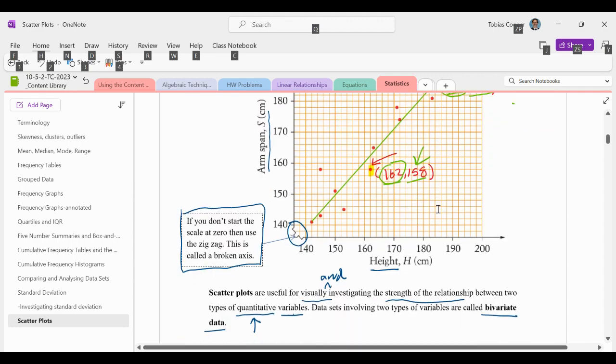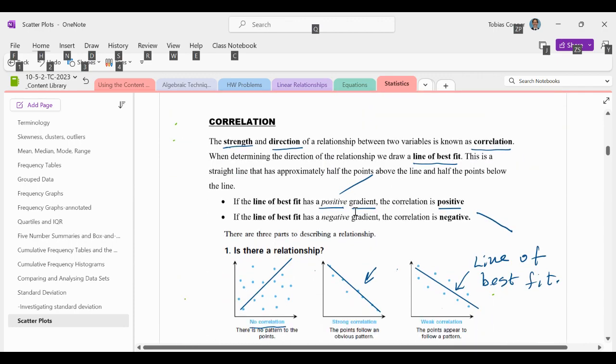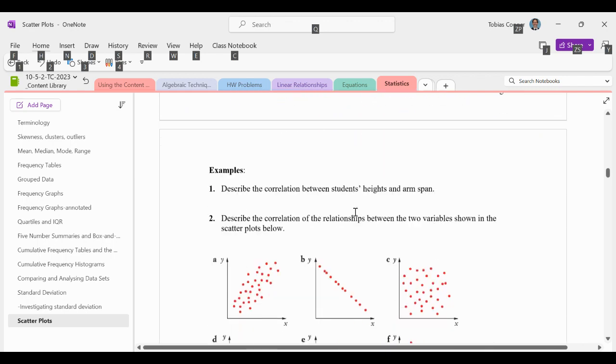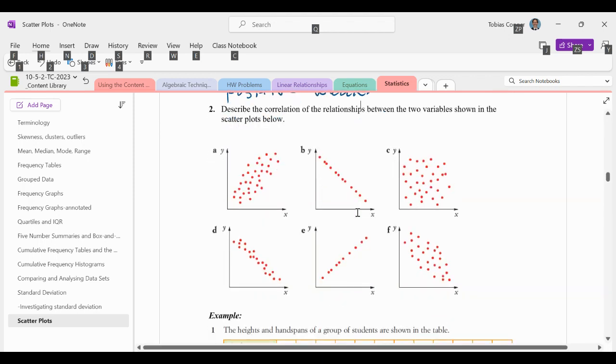But it's sort of weak because they're not exactly close to the line. So for the first example we did on page 1, we'd say it's positive correlation, and we'd also say it is weak. Positive and weak correlation.